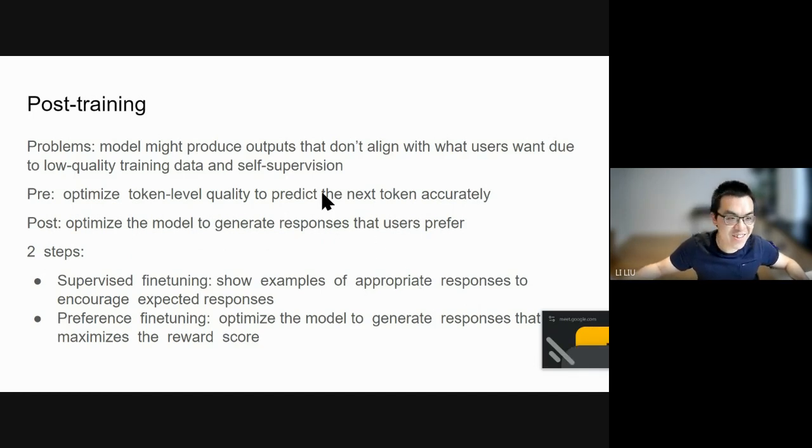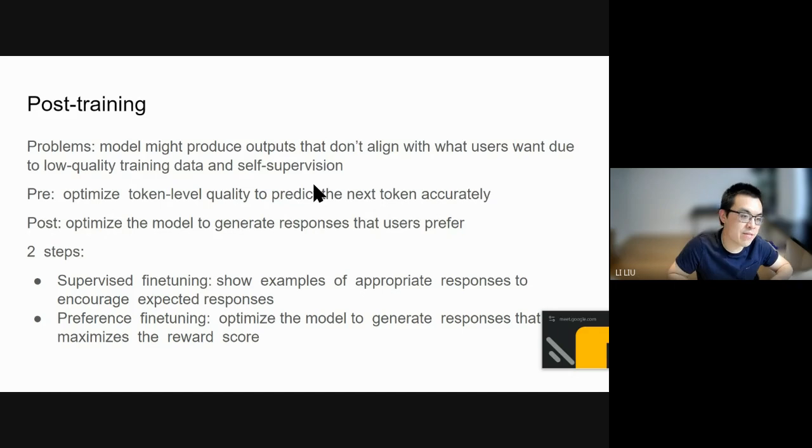Yeah. Next is post-training, and really this is around how to align the model's output to what the users will prefer to see. Because the problem is that the model will produce outputs that don't align with what users want due to low quality training data and self-supervision.